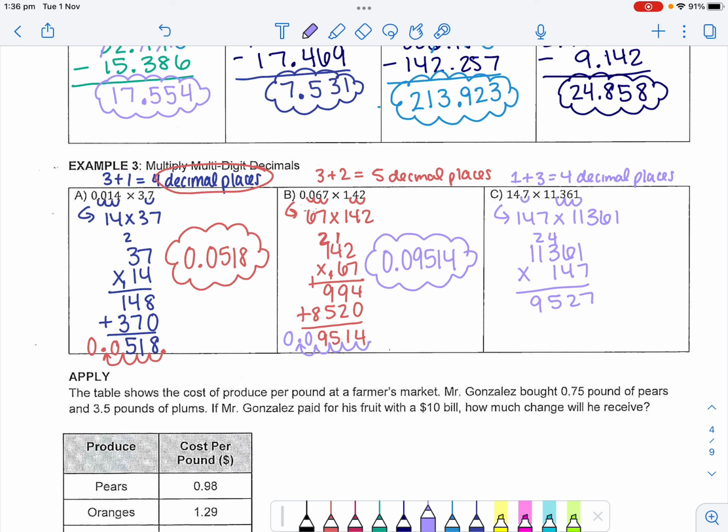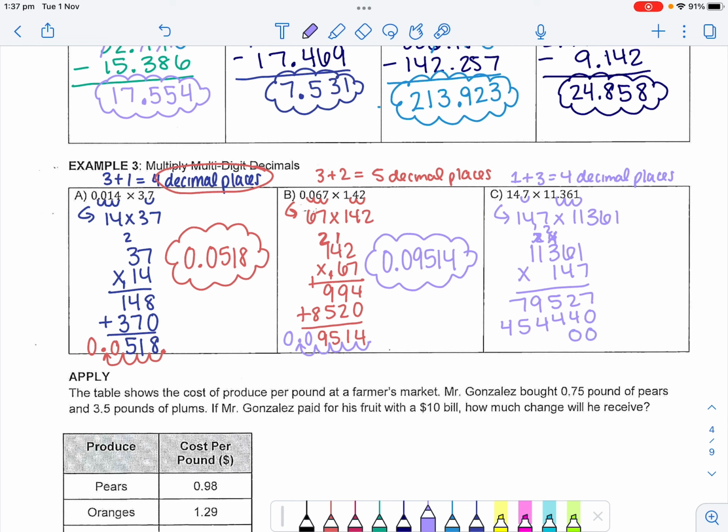And 7 times 1 is 7. Then I move over. 4 times 1 is 4. 4 times 6 is 24. 4 times 3 is 12, plus 2 is 14. 4 times 1 is 4, plus 1 is 5, and 4 times 1 is 4.